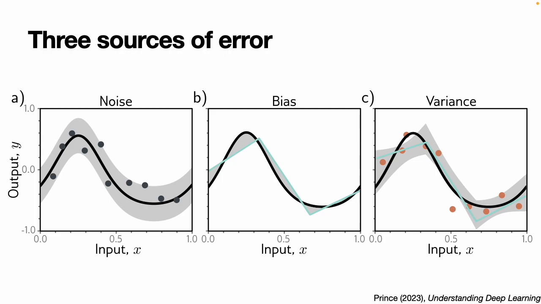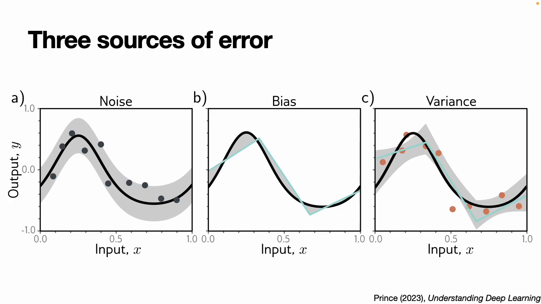And then there's variance. The idea is that I have some training data here, and I'm trying to approximate this black line by fitting my straight lines, my cyan lines here, to these orange data points. So I don't have the true data. I've got some noisy training data, and depending on the quality of that training data, I'm going to fit different models.